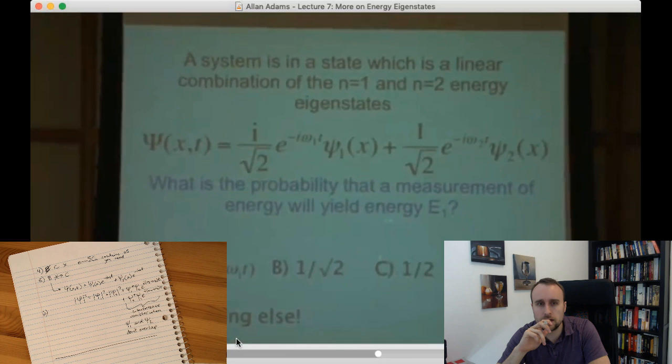Where's the E1? Oh, I guess it just corresponds to this psi 1. What is the probability that a measurement of the energy yields E1?